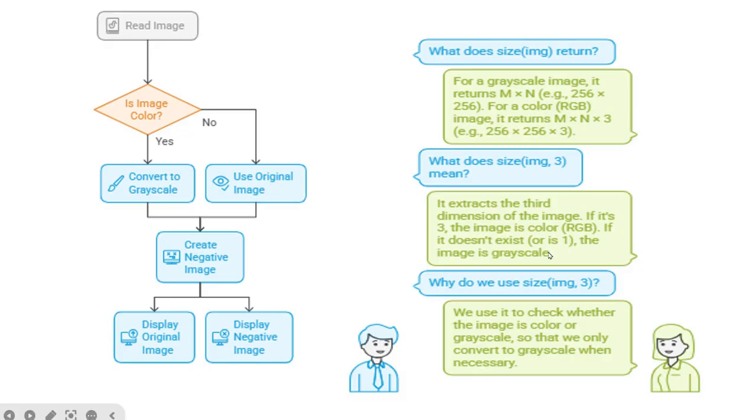If it doesn't exist, suppose we have only 256 and the third dimension is not present, then it means that the image is a grayscale image. So why do we use this? We are using size of image comma 3 to check whether the given image is a colored image or a grayscale image, so that if the given image is colored, we can convert it to grayscale.